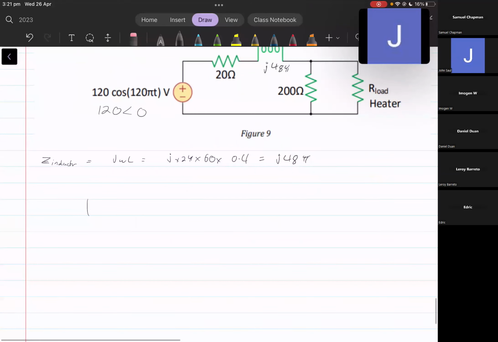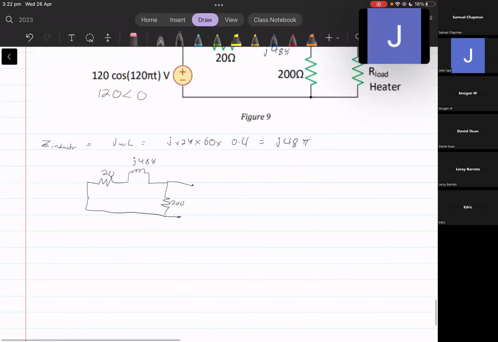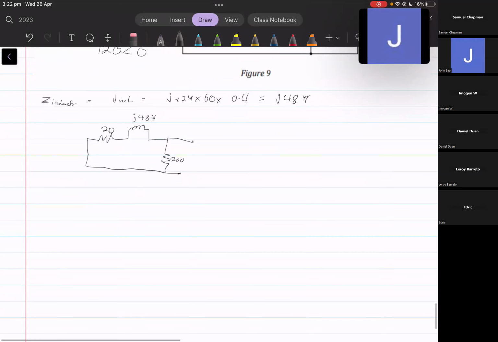So if we redraw this now, 20. So then Z-thevenin should be 20.